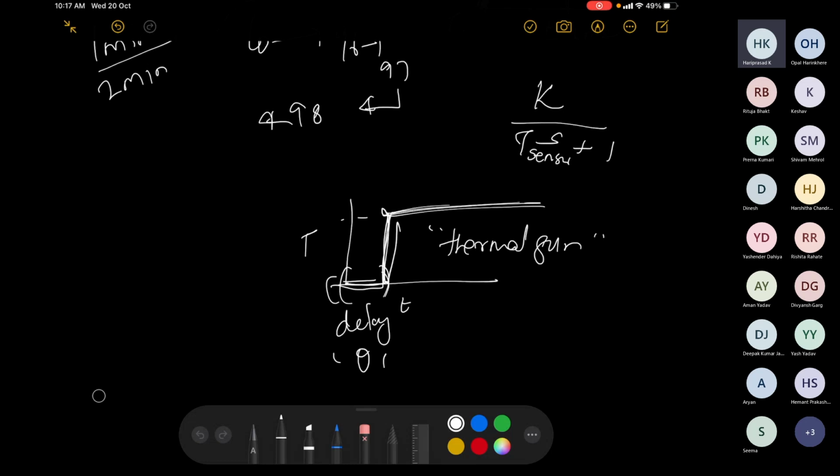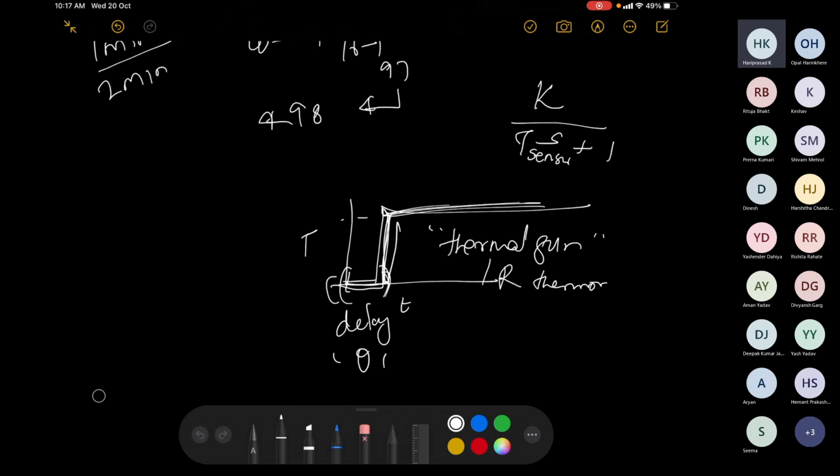I guess you might have seen this when working with a thermal gun or an infrared thermometer. There is some time because your device has to scan your temperature, then it is just a one shot jump. So this is a delay and this is a dynamic.